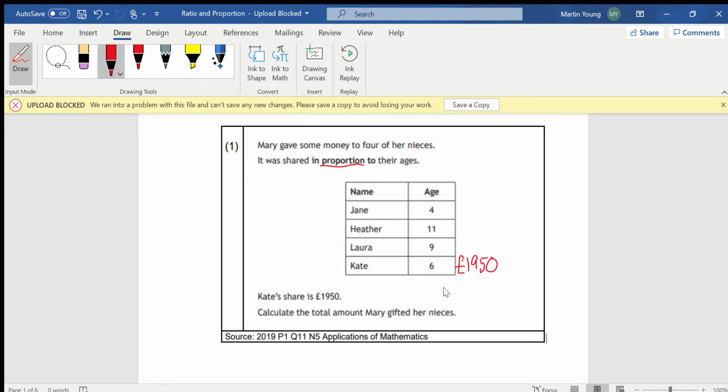What we're now going to do is use that information to work out the amount of money that was given to the others, or the total amount. So I know that 6 shares, which is what Kate gets, is equal to £1,950. And what I'm going to do is work out what 1 share is worth, and then use that to multiply up to get the total.